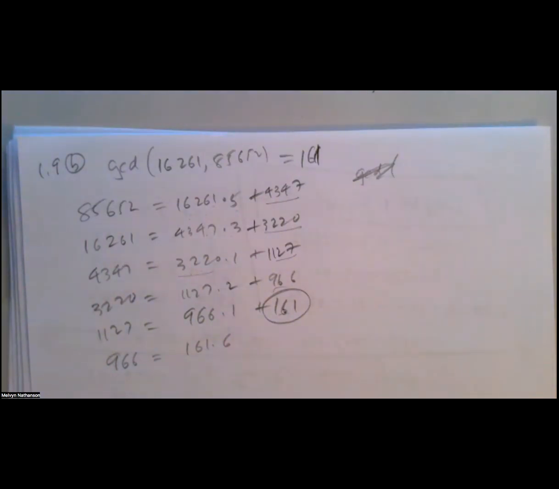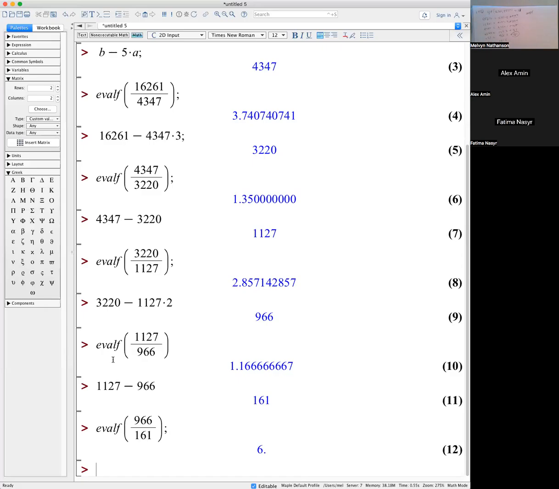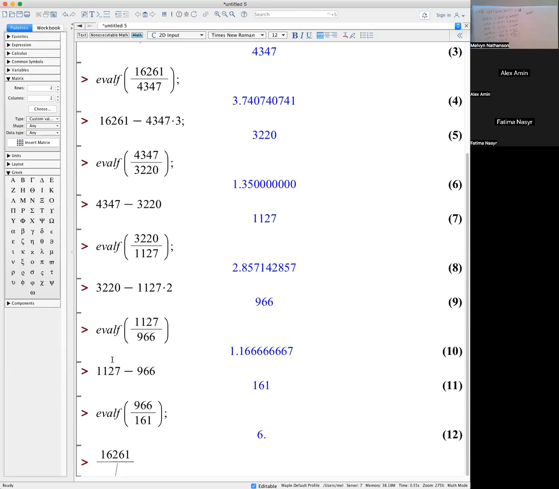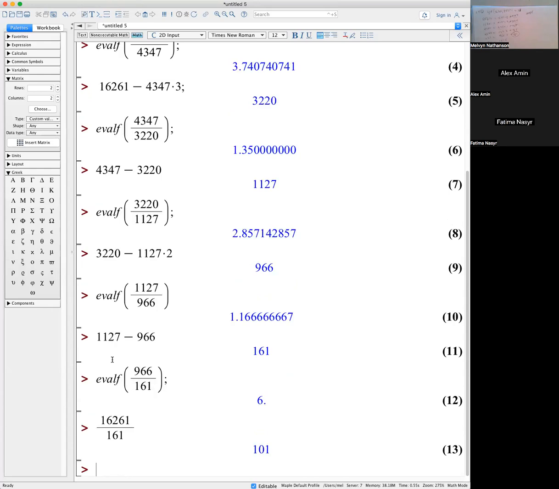Let's just double check. I started with the number 16,261, and I divide that by 161. It's an integer, 101.